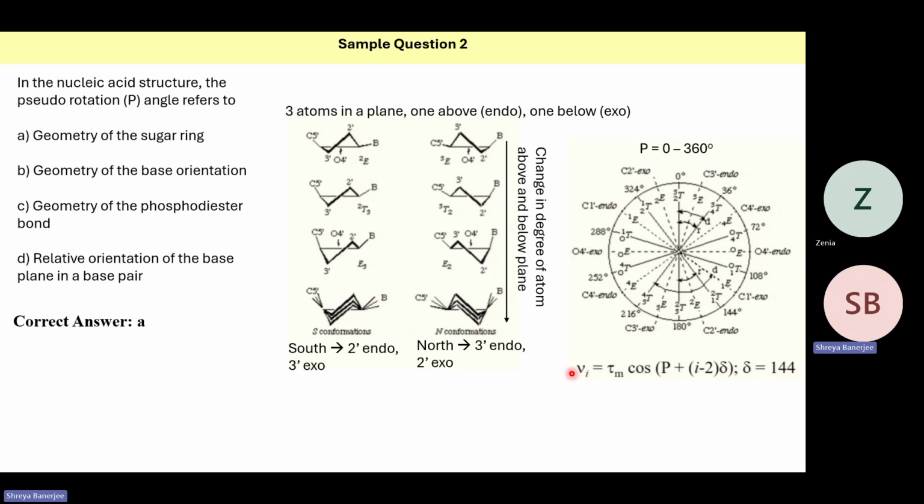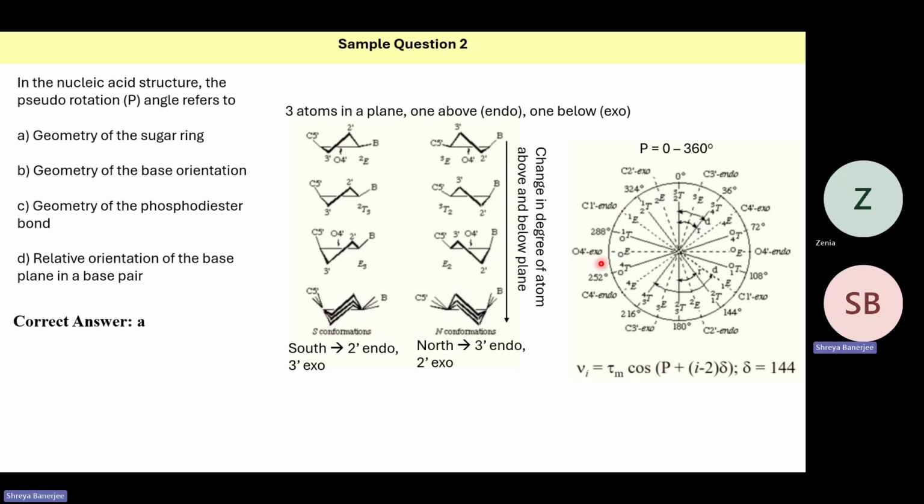And we know that nu is the torsion along any of the five bonds in the five-membered sugar ring. This can also be defined in terms of the pseudo-rotation angle using this formula, where tau m we know is the maximum deviation from the plane.